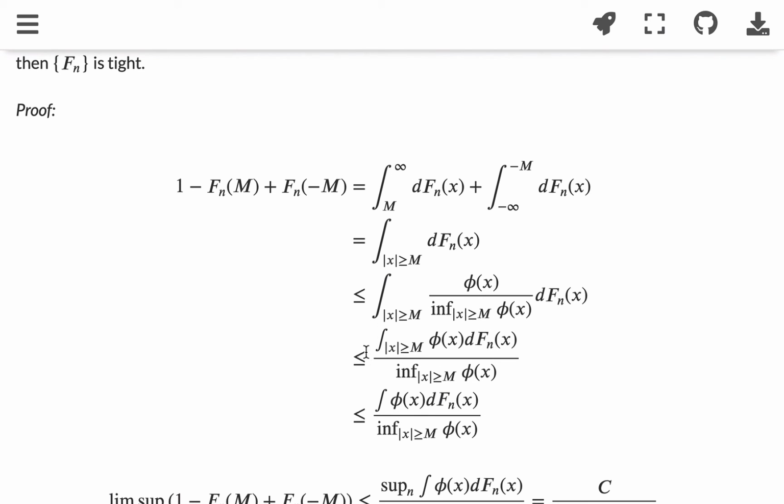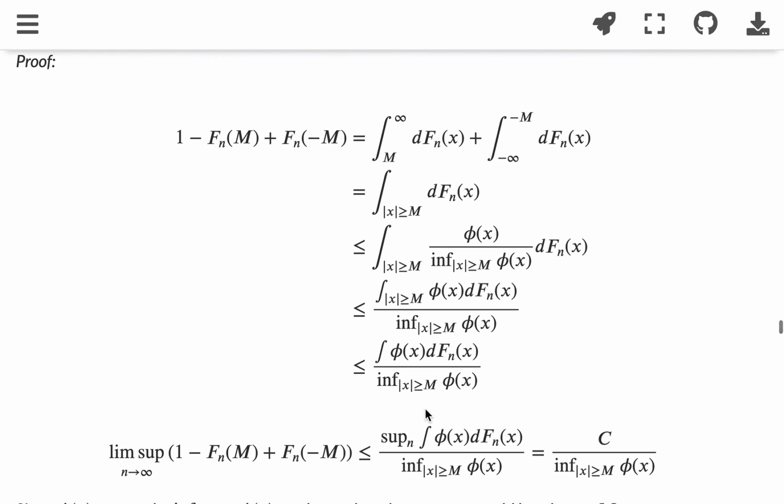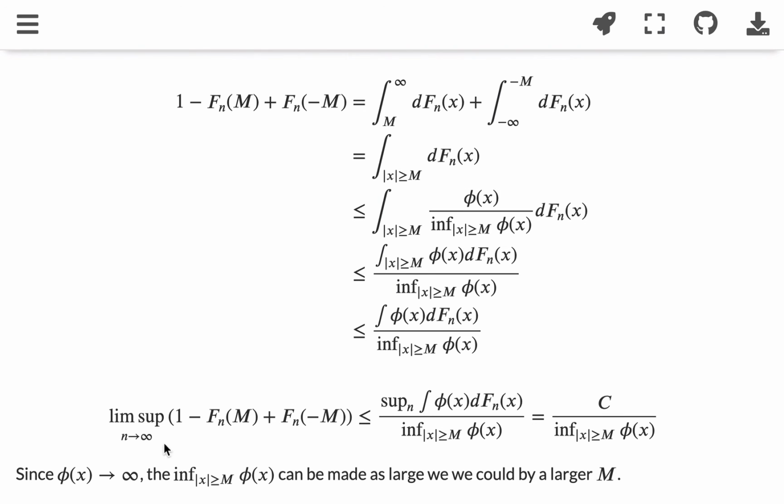And this is less than or equal to, but this is a constant, we take out the constant, and this is integral on this set x, absolute value of x greater than or equal to m. We can remove that because we get an inequality of this one. And so if we take the lim sup of this inequality here, then we get the supremum of that, which is c divided by a constant.